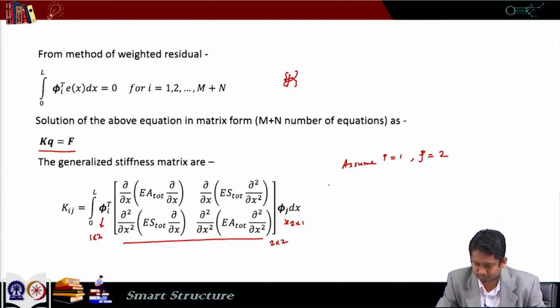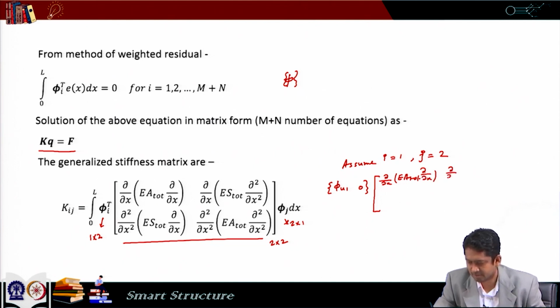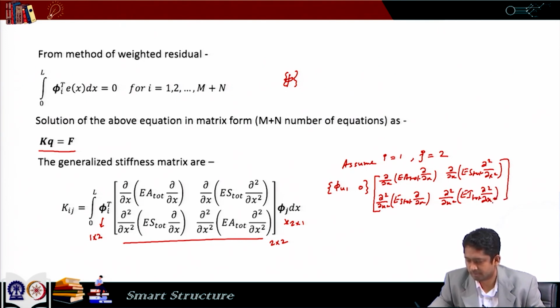So, in this case it would look like this: phi u 1, 0, multiplied by this vector del by del x E A total del by del x, and then we have this phi u 1 and 0.